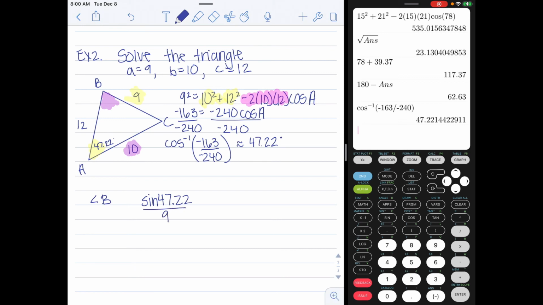Sine of 47.22 over side 9 is equal to sine of B over side 10. All right, pause me for this one and see if you get the same answer, okay? You should be getting about 54.64 degrees.